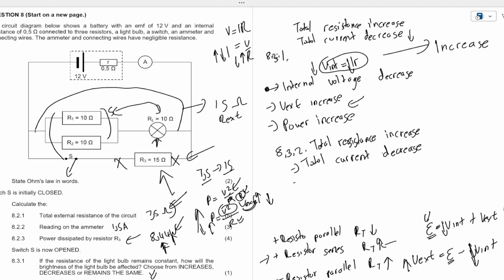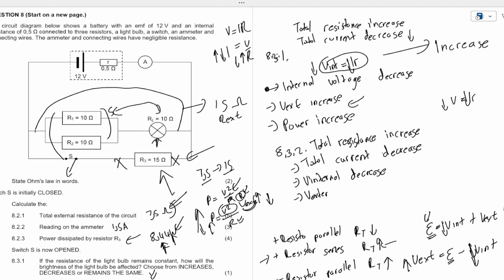And then the third reason is that the V internal decreases. How does V internal decrease? It is because V equals IR. If there is less current multiplying R here, the voltage will also decrease. The decrease in V internal will lead to more V external.